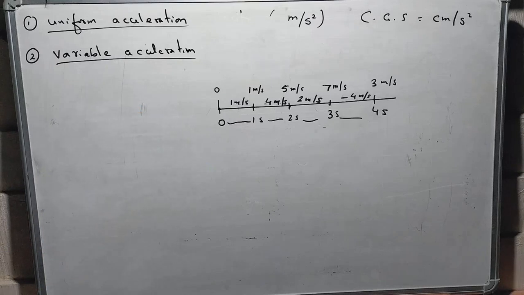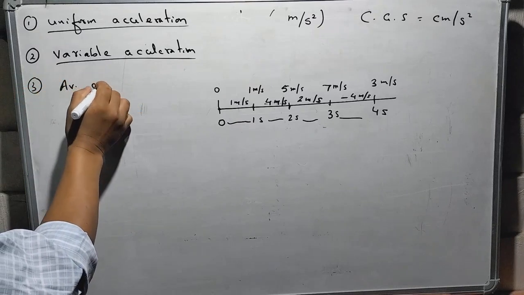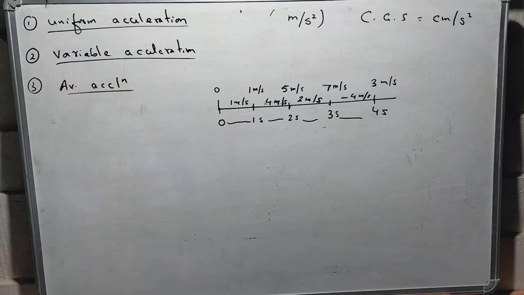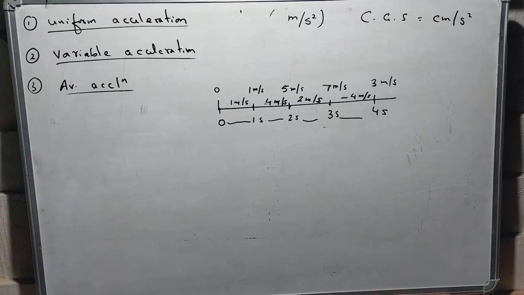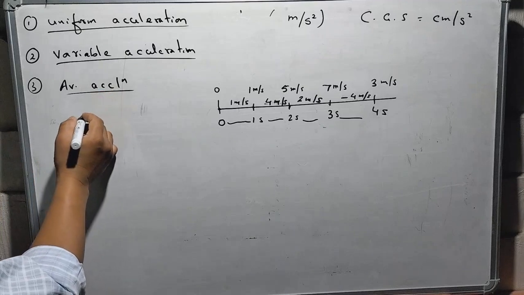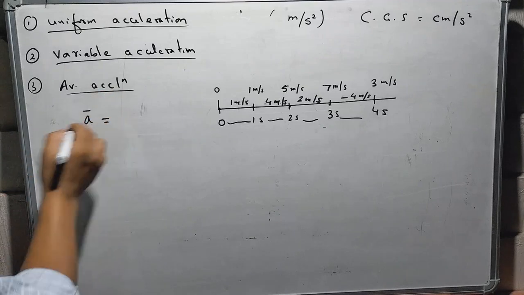Next is average acceleration. Just like average speed and average velocity, we define the average acceleration as the ratio of the total change in velocity to the total time taken. For average acceleration, I'll write a with a bar on top, which means average.